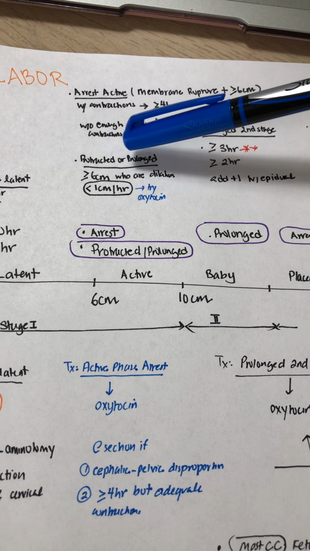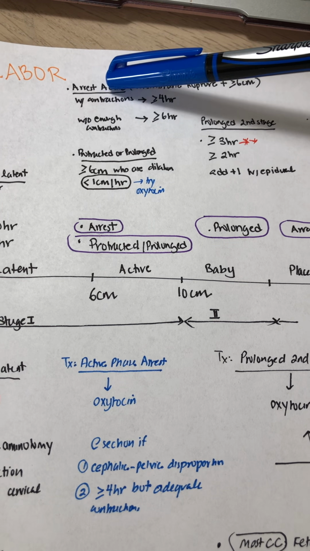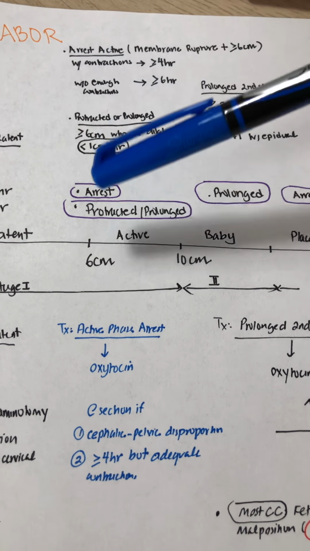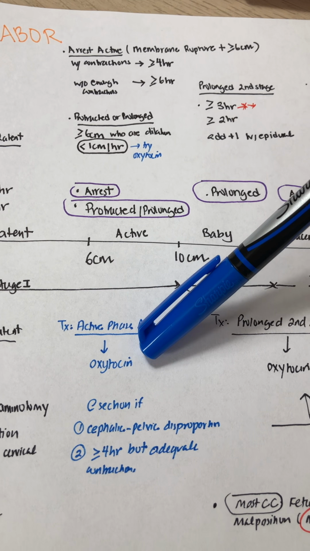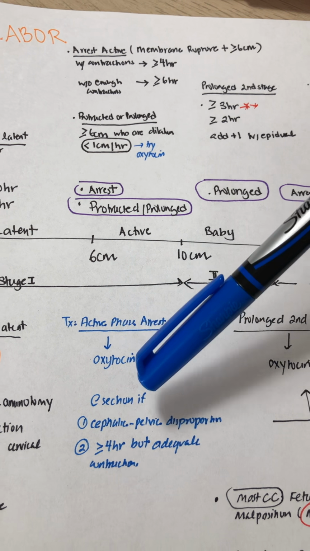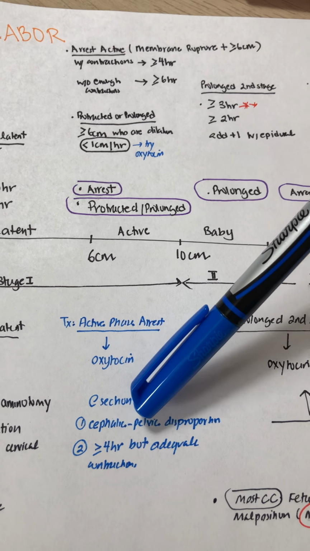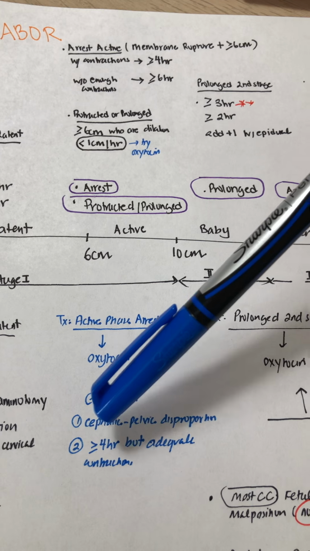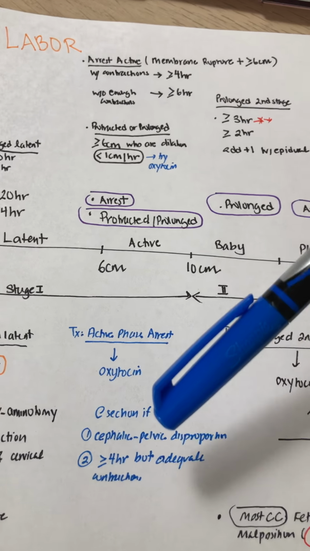If the mom meets these criteria, it's said to be an arrest, active phase or stage 2. What you can do is try oxytocin if there is not enough contraction. And the next is C-section if there is a cephalopelvic disproportion or more than 4 hours but adequate contraction.